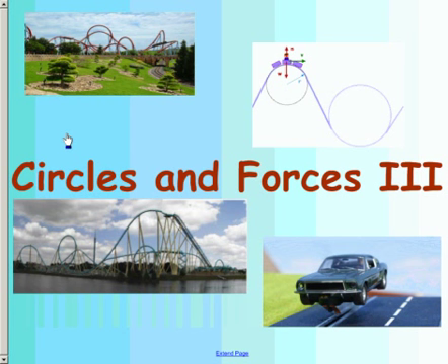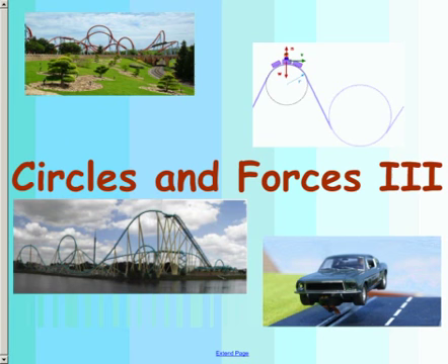Bottom left picture, there we are again with some circles, and hopefully you can see the top of the hills look like circles. Bottom right, there's a car that has gone over the top of a circle fast enough. The velocity going around the circle has been fast enough that actually the car went off the ground. We'll talk about that as well.